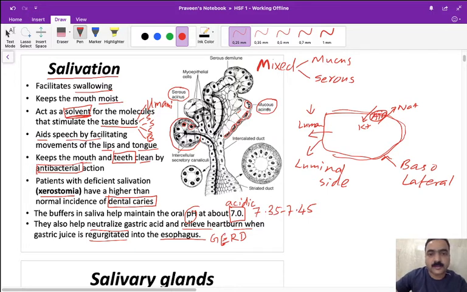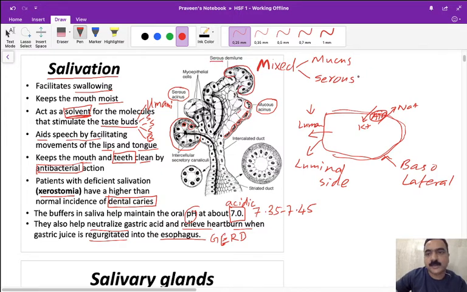These are the important acini we have, and because it's a mixed gland, on top of the mucus secreting acinus itself you can see a demilune, which is secretory for serous.